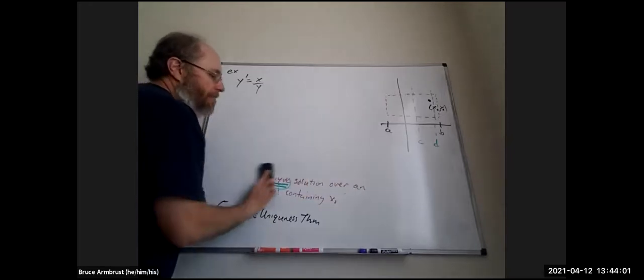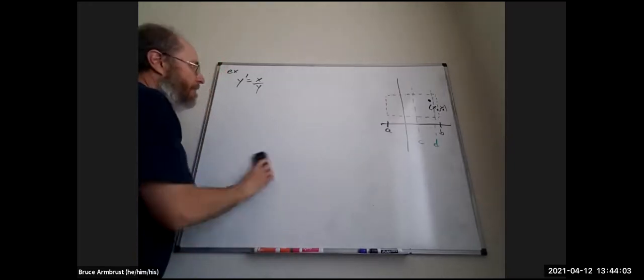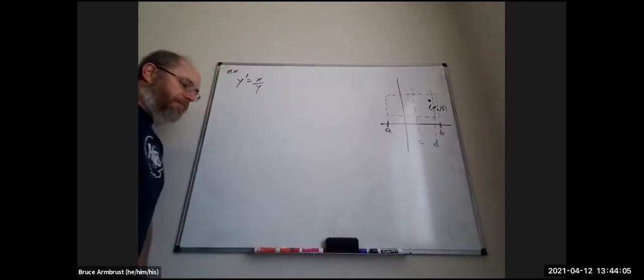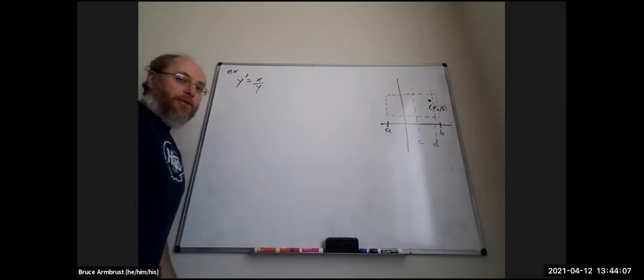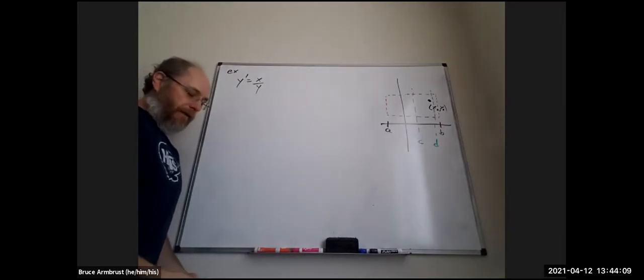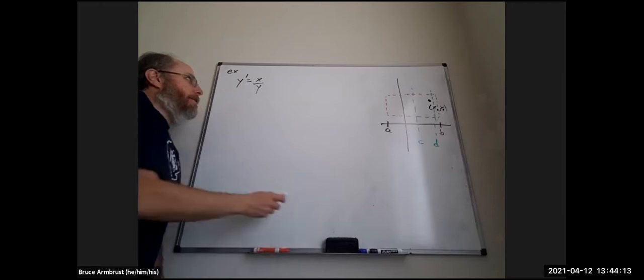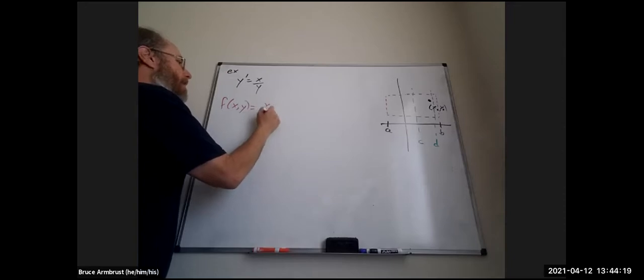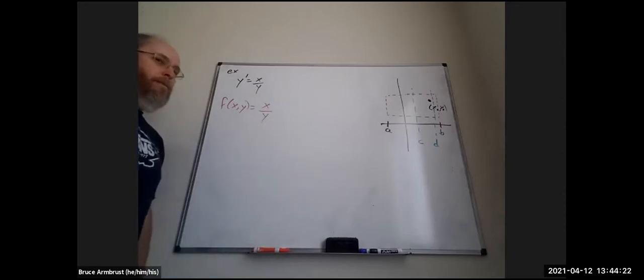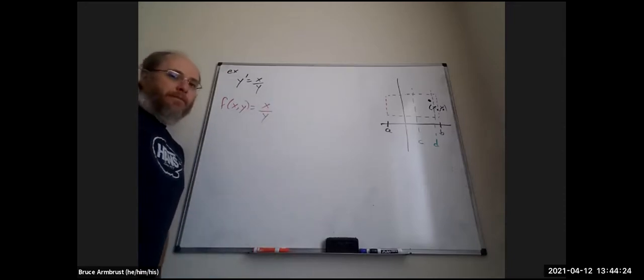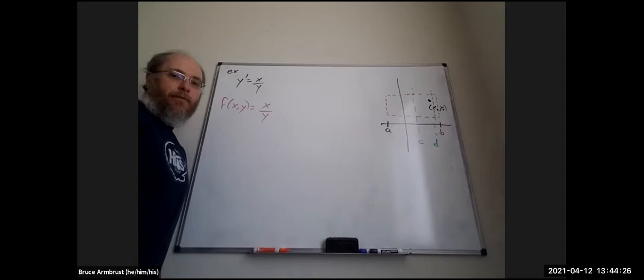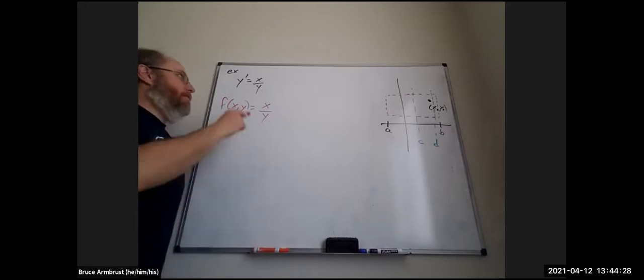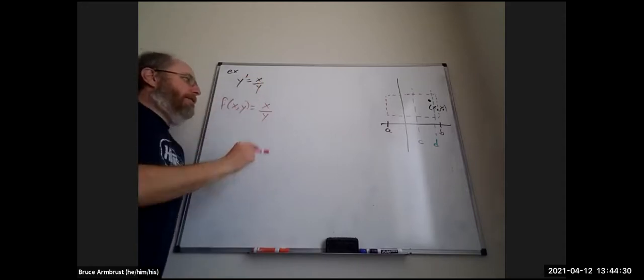And let's look at both f of x y and the partial with respect to y of f. All right, so in this case, f of x y is equal to x over y. So it's always what y prime equals. So since y prime equals x over y, that's our function f.